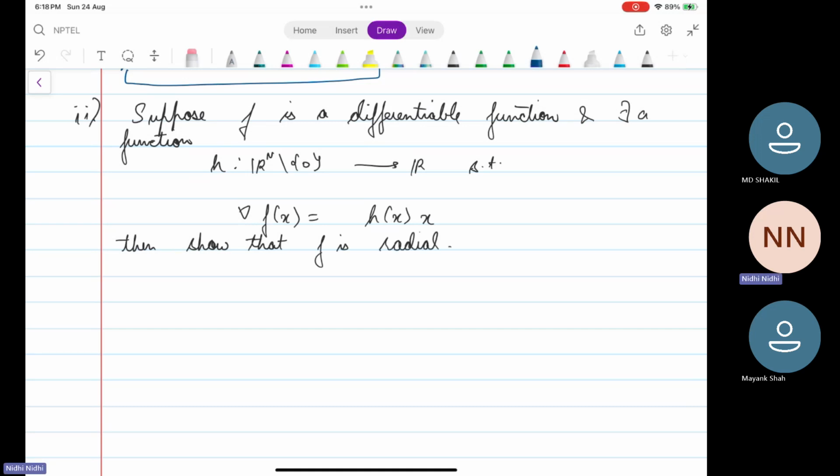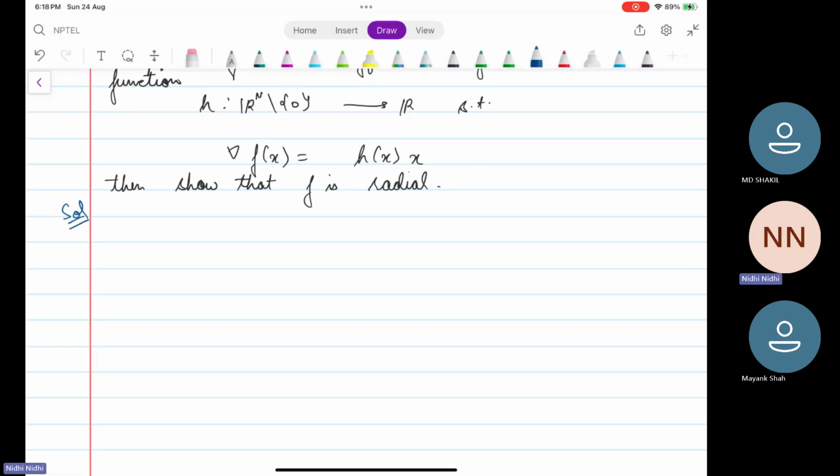So in order to show that a function is radial, we need to show that it remains constant on a circle. If I take any circle, the value of the function at each of the points on the circle should be the same. That's the main definition of the radial functions. So here we need to show that the function f is radial.